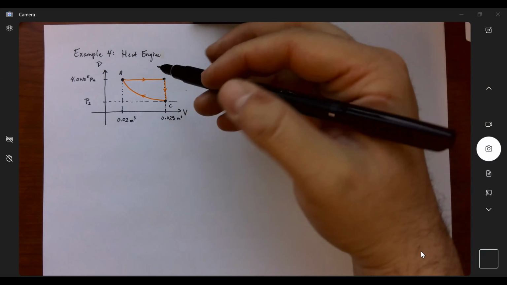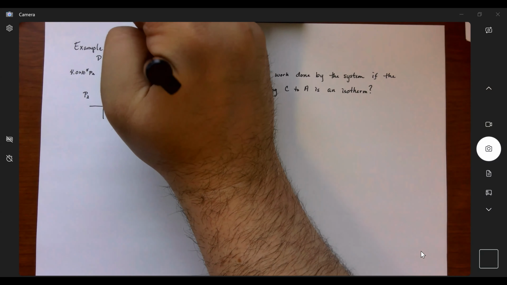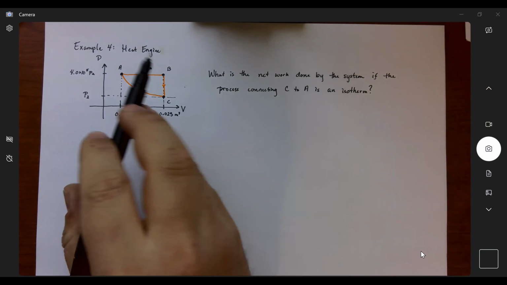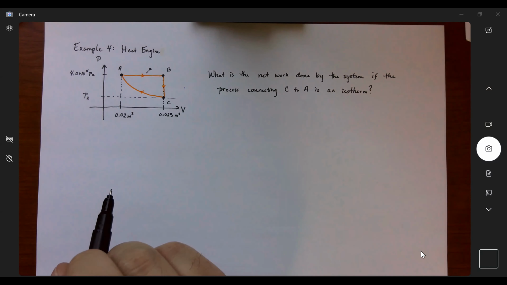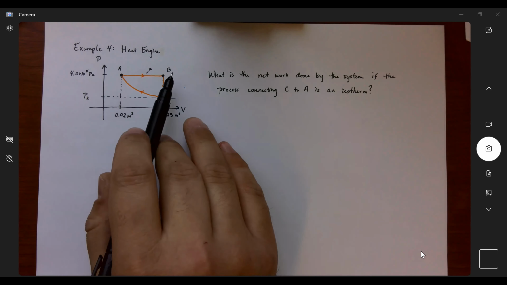Okay, and then the implication is that these should be straight lines, and so then this would imply that this is a, what would you call this? What would this process be? Anyone have an idea of what sort of process that would be that would connect A to B?